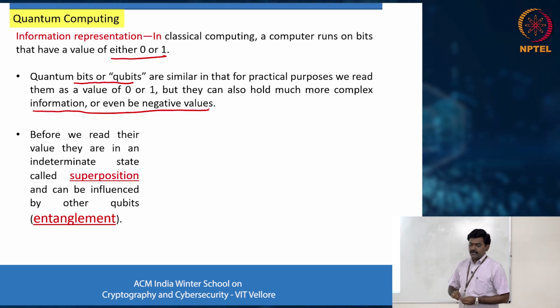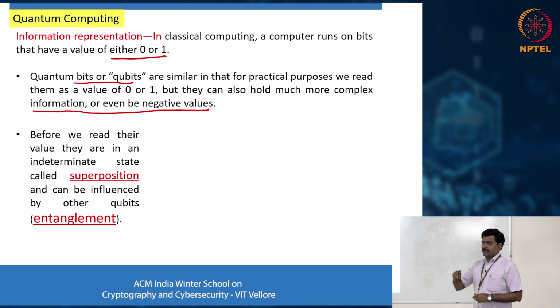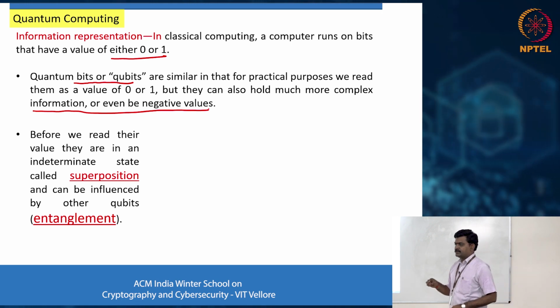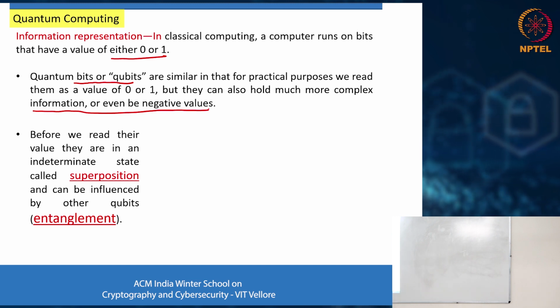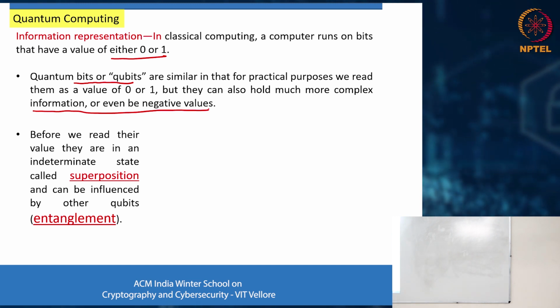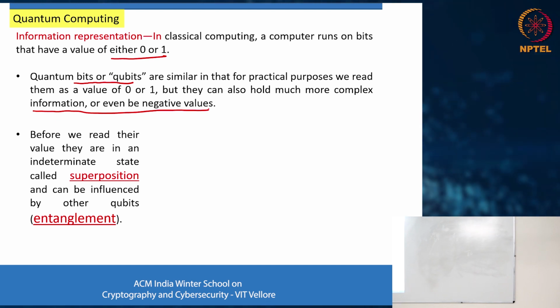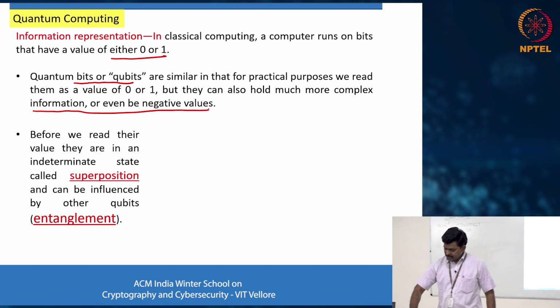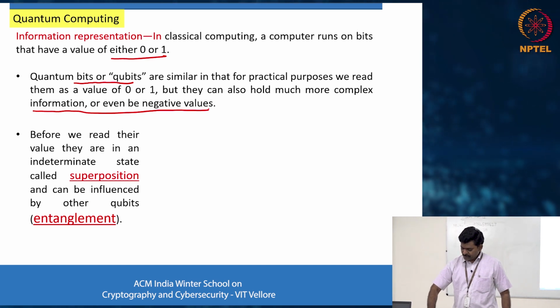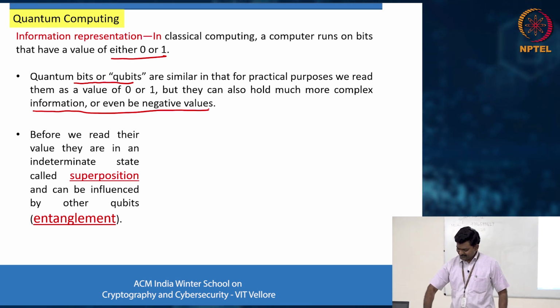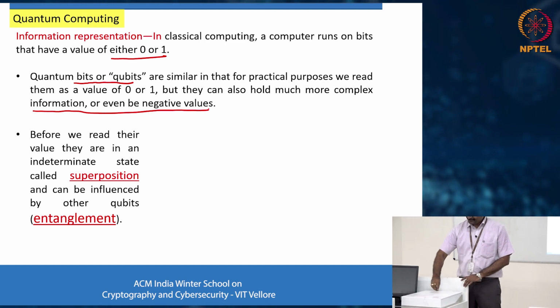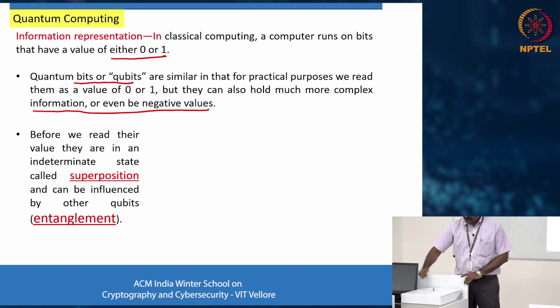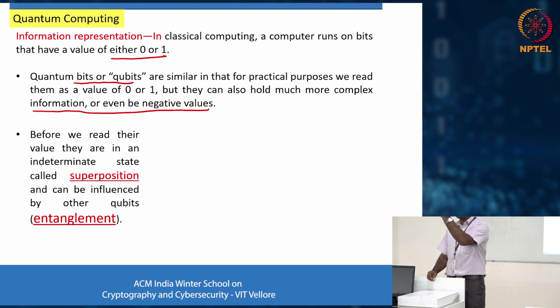Now, the quantum computer, the qubit actually represents something different. So now if I imagine I spin this coin, what happens? The coin is in the spinning state, right? So you can imagine that the coin is in the spinning state. What happens? It rotates, right?